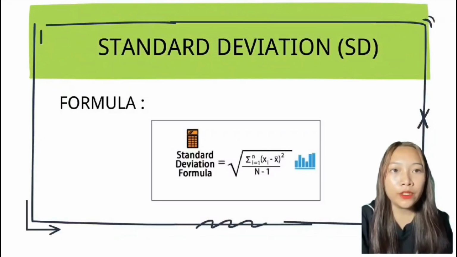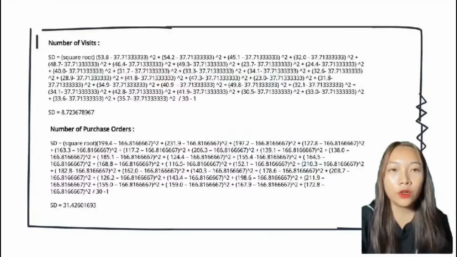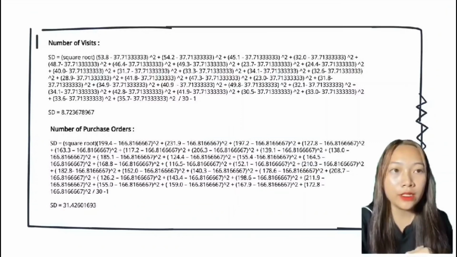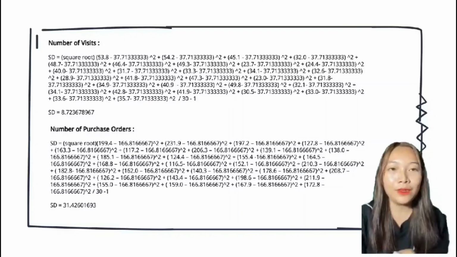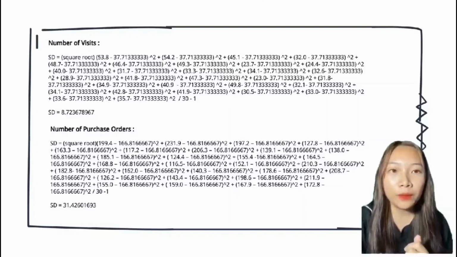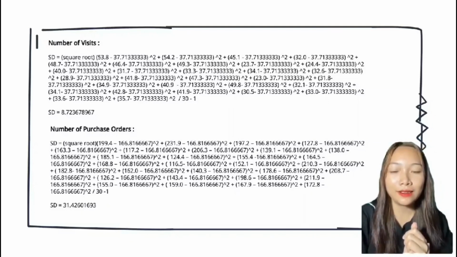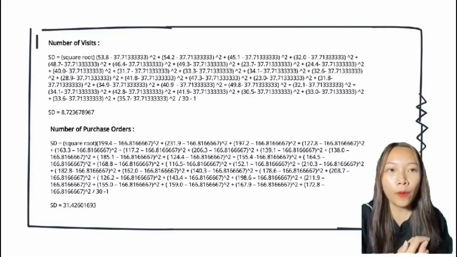The formula used is as given, so the SD for visit is 8.72367, and for purchase it is 31.42601693. When we get the answer for SD, then we can find the variance.